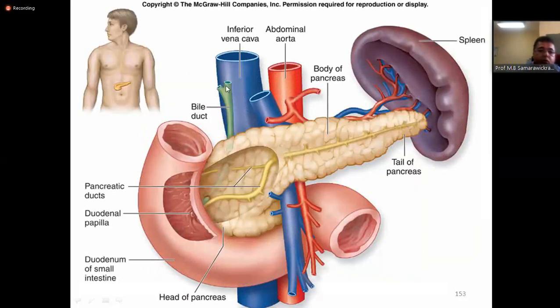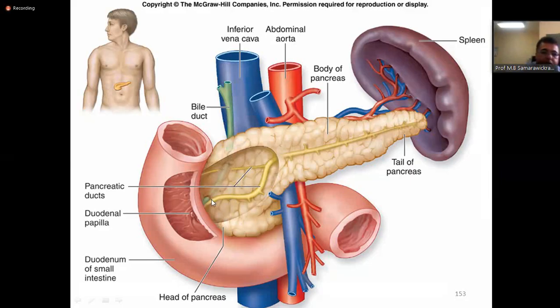Right, and then you should know the anatomical relationship between the common hepatic duct or the bile duct and the pancreatic duct. They both open together into the second part of the duodenum. Therefore, when there is any pathology of the head of the pancreas or in the common bile duct, it can affect the pancreas as well as the hepatobiliary system.